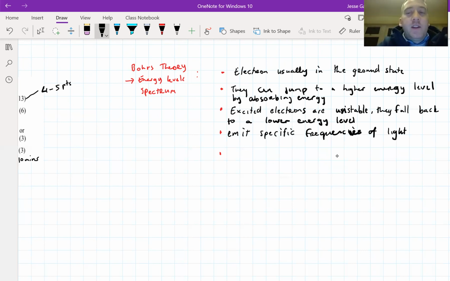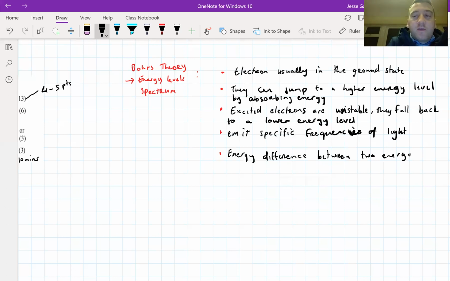And the last bullet point, you need to link how the specific frequencies of light prove that energy levels exist. If you haven't done this, pause the video and do this now. What causes there to be specific lines? Well, we would say it like this: the energy difference between the two energy levels gives specific lines on the emission spectrum.